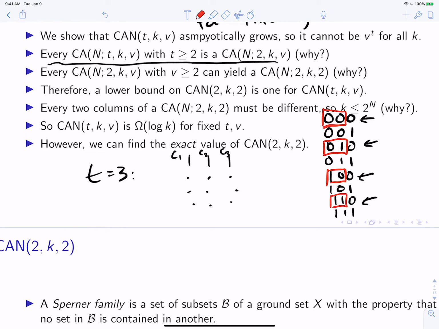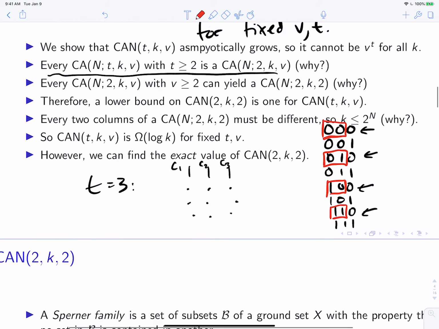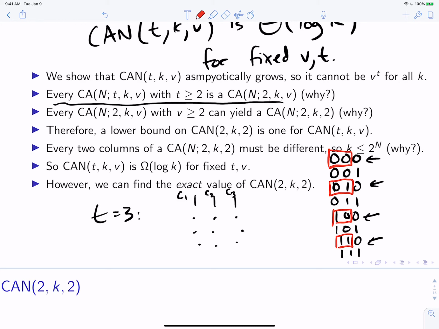Every t-way interaction appears, so if we look at every 2 columns, every t minus 2 way interaction has to appear alongside those 2. So since we looked at every possible 2-way interaction and every t minus 2-way interaction, therefore, every covering array of strength t must be one of strength 2.